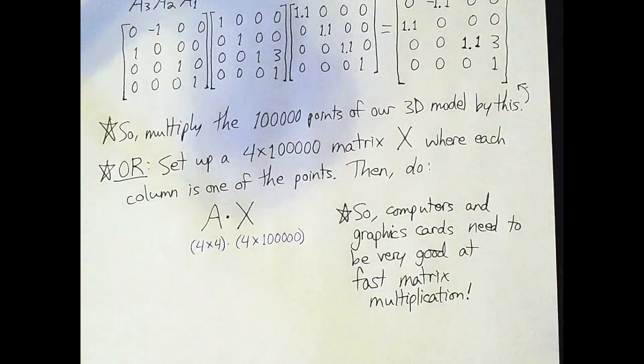So anytime you see 3D graphics being rendered, there is a lot of matrix multiplication happening under the hood. And that is why we also have a separate lesson about efficient matrix multiplication, which I told you is a really interesting topic of how you can multiply matrices really fast and efficiently.